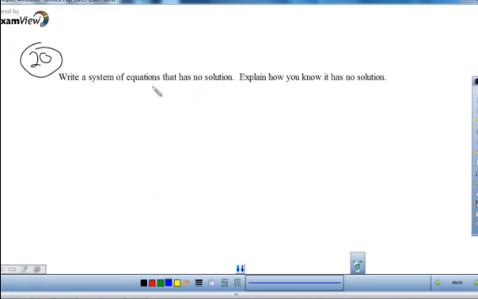Okay, write a system of equations that has no solution and explain how you know it has no solution. So remember, in order for it to have no solution, that means the two lines are going to be parallel, which means that we're going to have 0, 0, a number. So there's more than one answer for this. I can write 2x plus 4y equals 1.